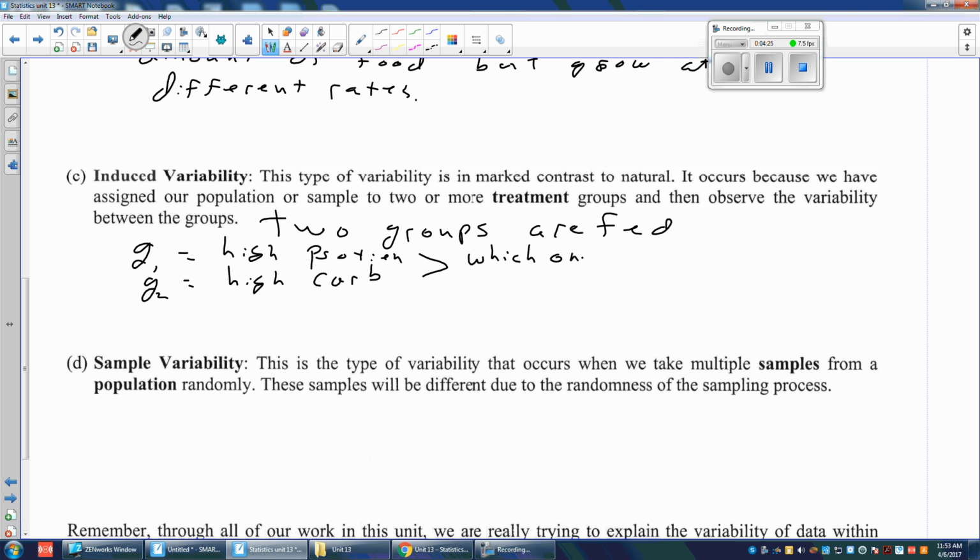Which one runs the fastest mile after 8 weeks on the diet? That's forced or induced variability.